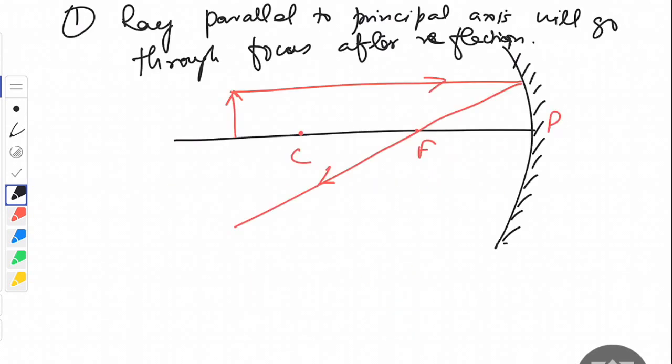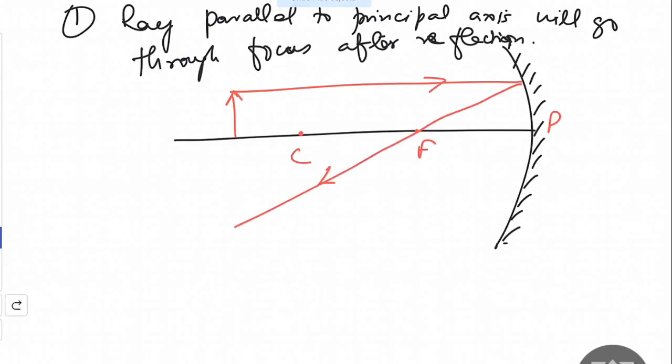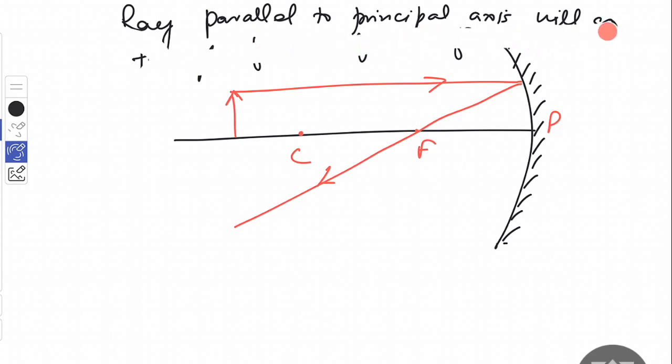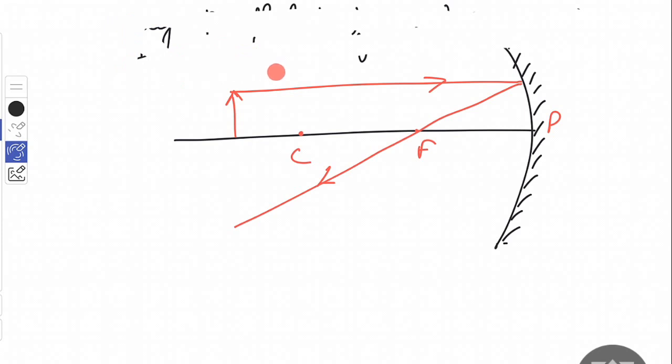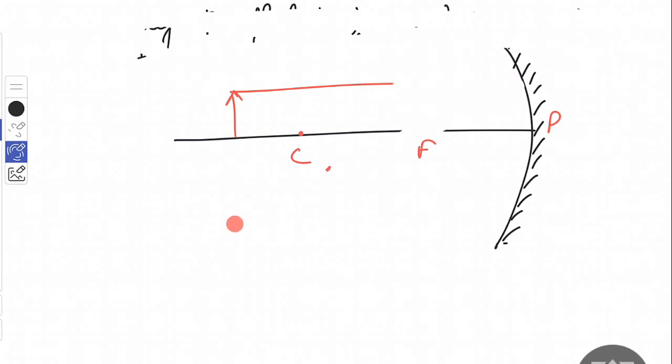Now tell me one thing. Now we are not going to take this particular ray. We'll take a different ray.